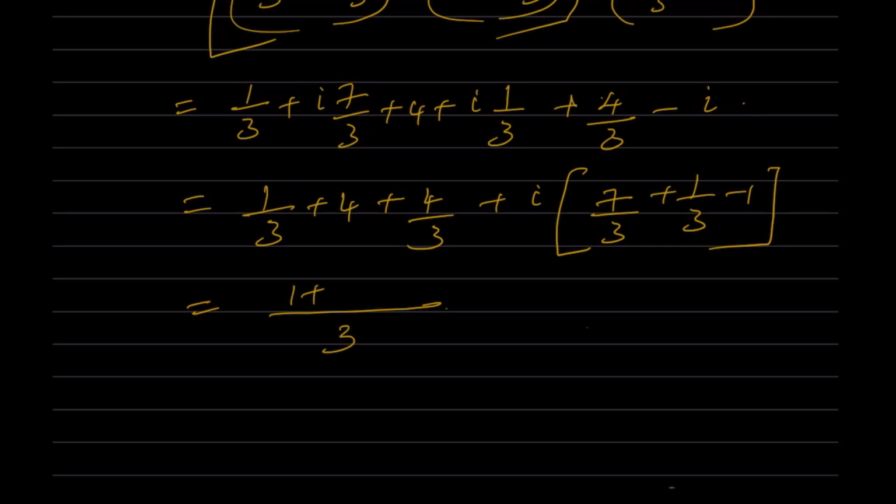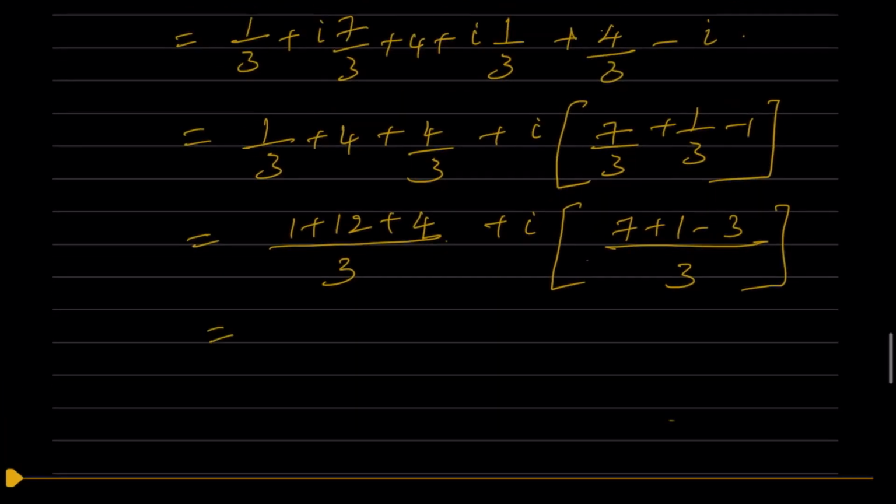So 1 plus 4 threes are 12 plus 4, plus i into, LCM is 3, meaning 7 plus 1 minus 3. So 12 plus 4 is 16, plus 1 is 17/3, plus 7 plus 1 is 8 minus 3 is 5i.